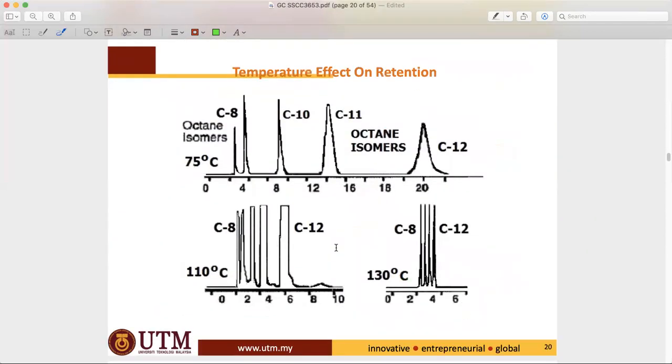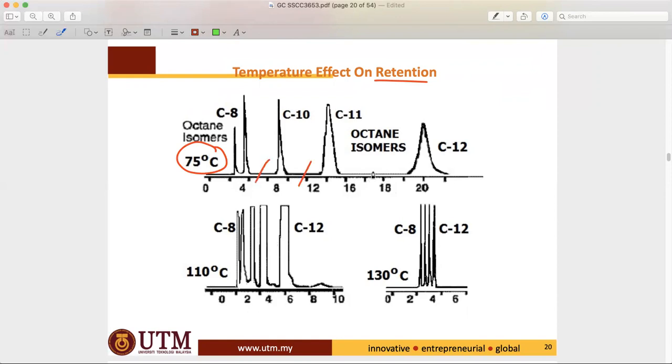So, temperature effect on retention times, depending on how you use the optimum temperature. For example, if you use 75 degrees, you would see that there is a lot of gap here.